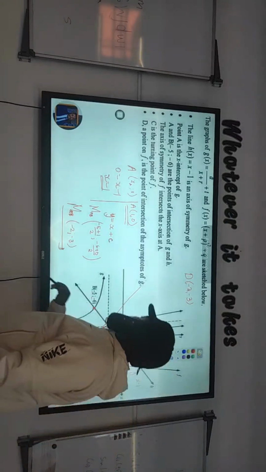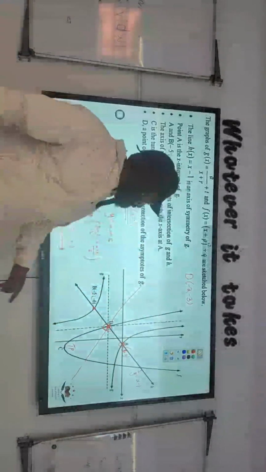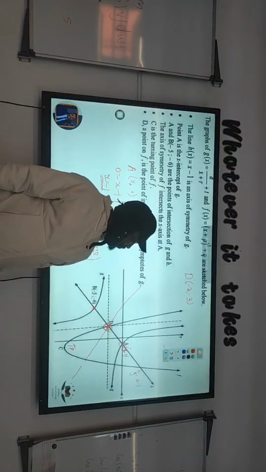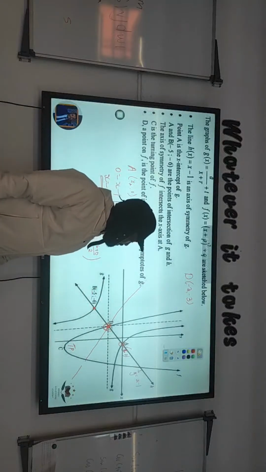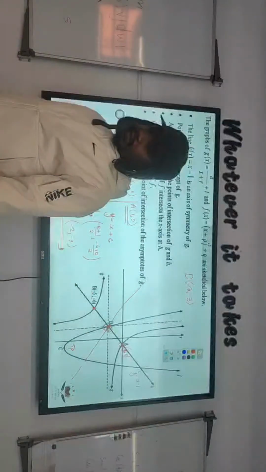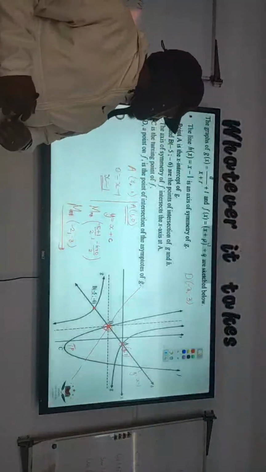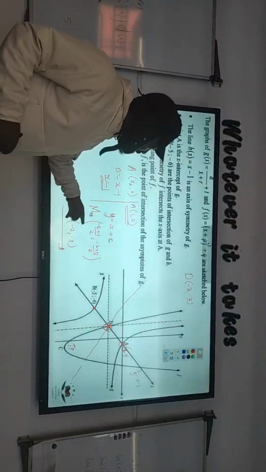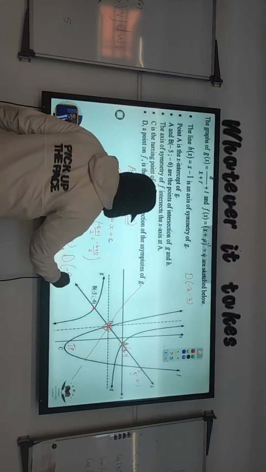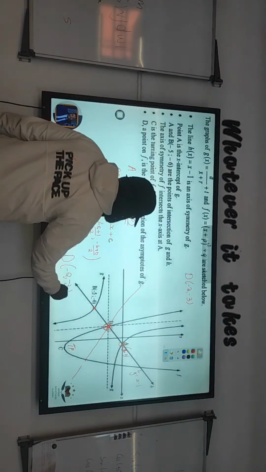So this D is also a midpoint for the points touching the two graphs, as long as it's passing through the point of symmetry. We also need to understand such concepts. So we have shown that D is (-2, -3).